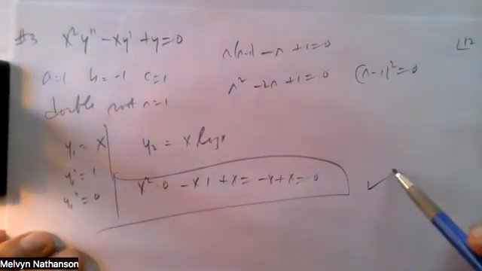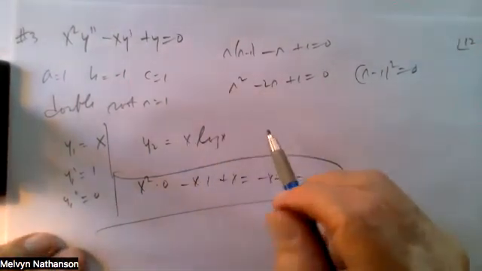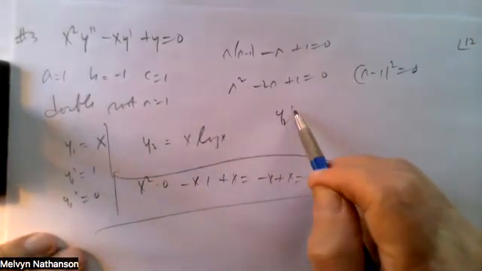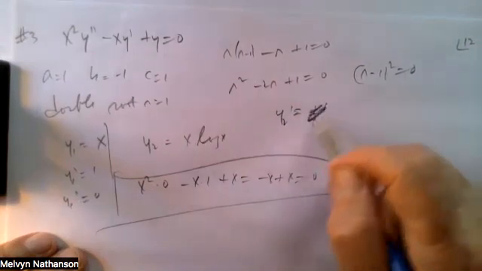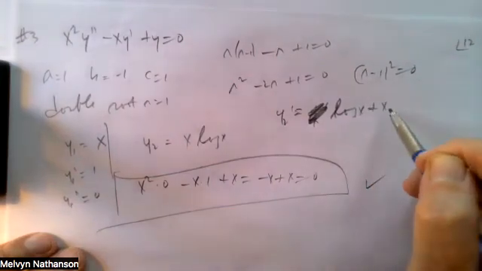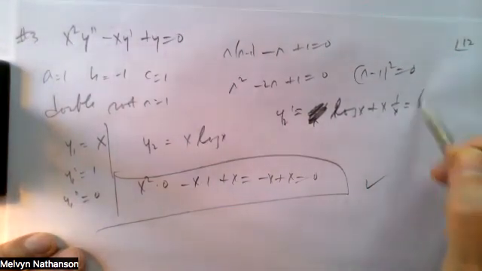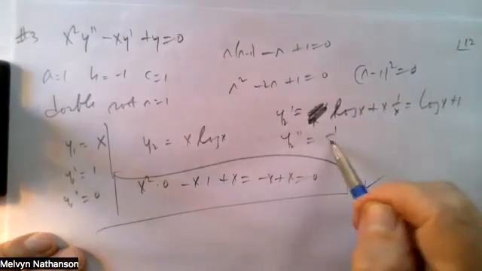So that checks. What about y2? X log x, the derivative is 1 times log x plus x times 1 over x. This is log x plus 1. So y2 double prime is just 1 over x.